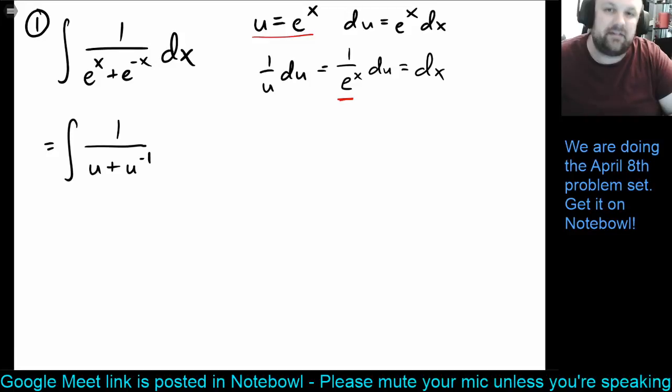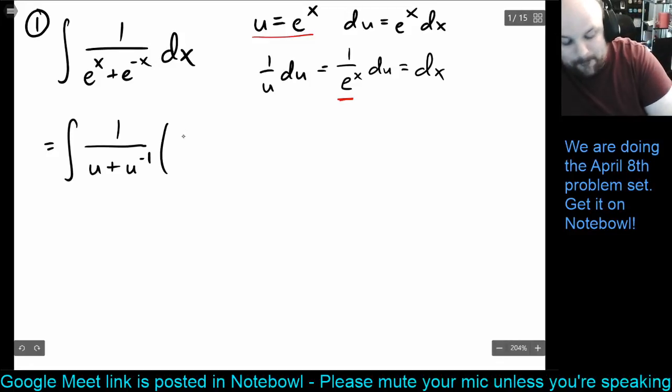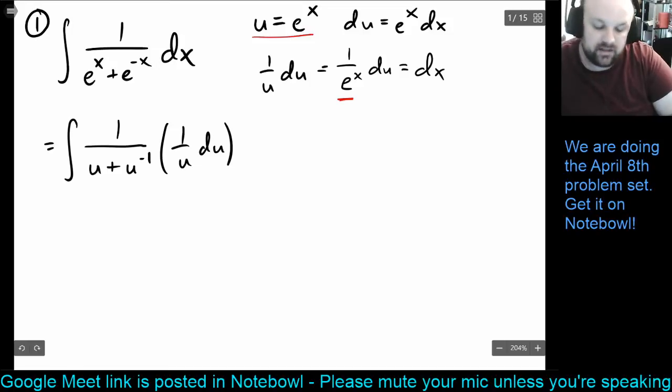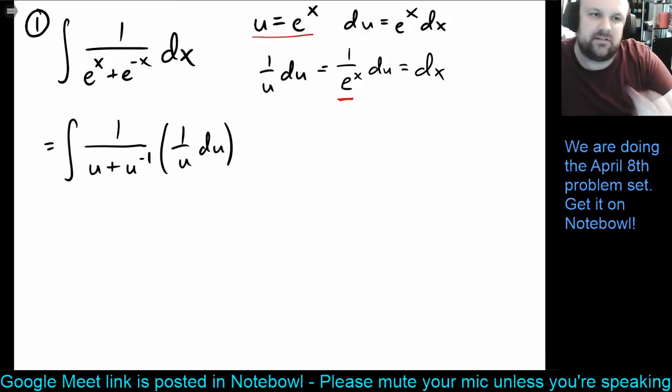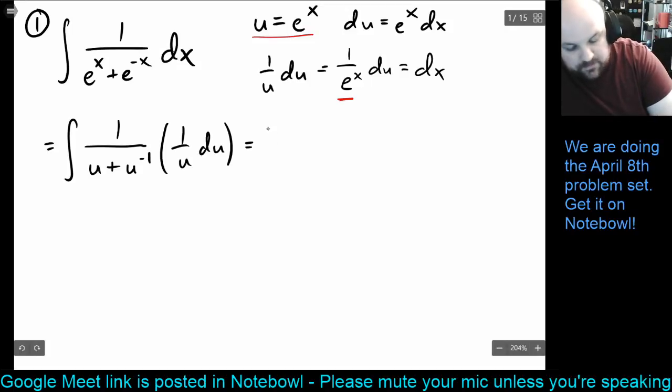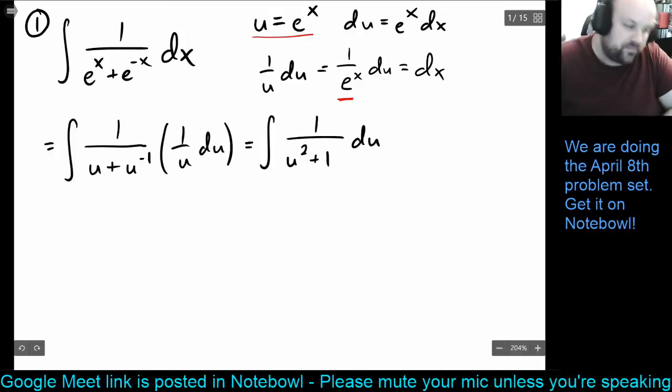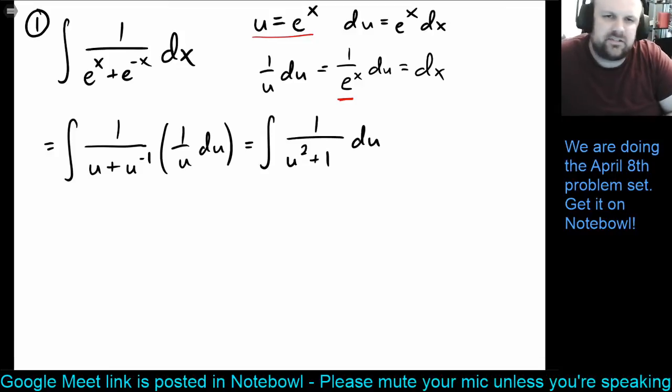So now everything's in terms of u. 1 over u du. Now let's multiply this out and see what happens. Multiplying the bottom out, we have 1 over u squared plus 1 du. Is that an integral we know how to do?